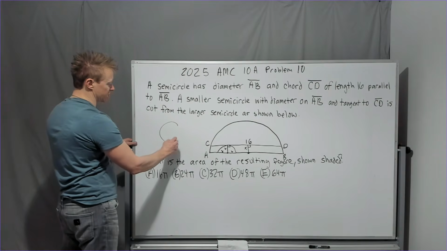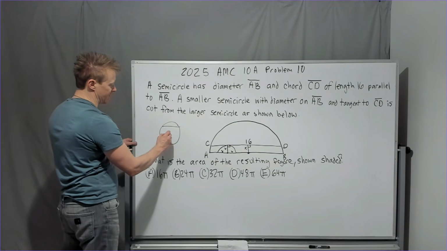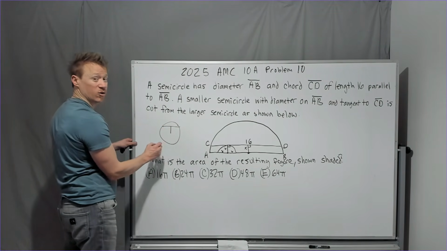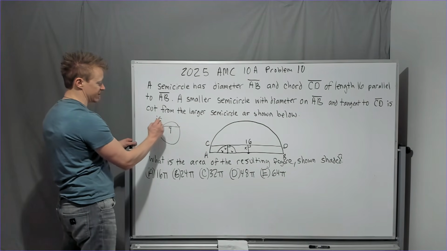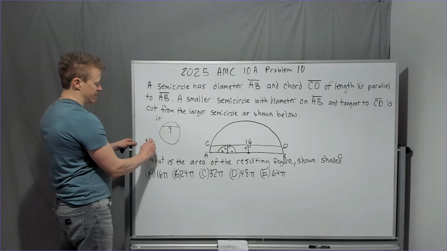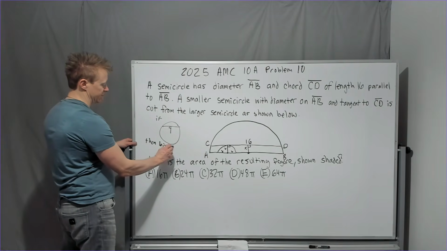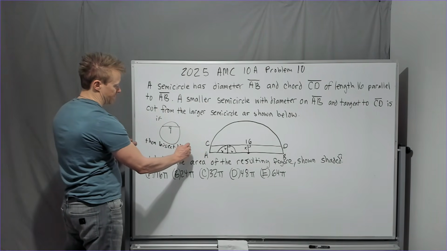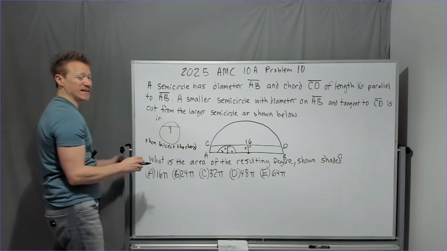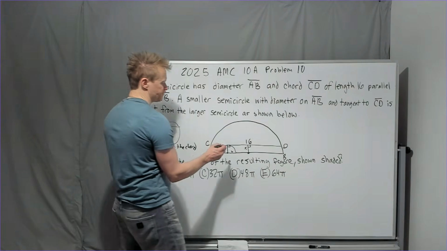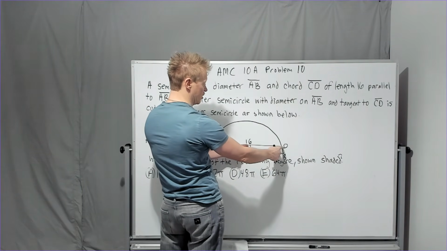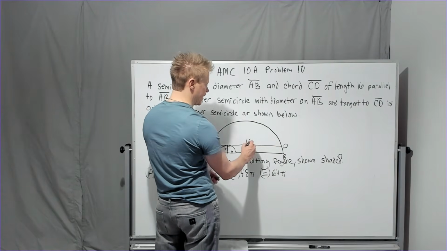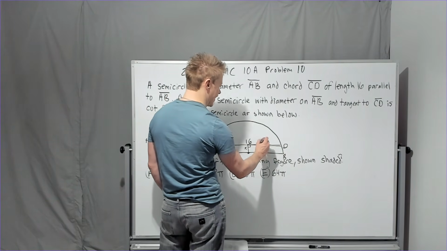If you have a circle with a chord and you connect the center to that chord at 90 degrees, then you bisect the chord. In other words, you're guaranteed to hit the chord's midpoint. That would mean that this length from here over, just the one up here, would have to be 8.